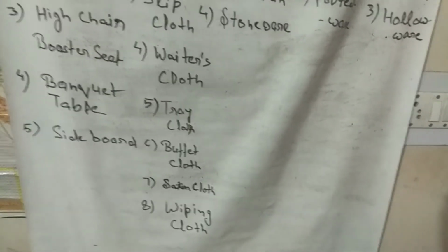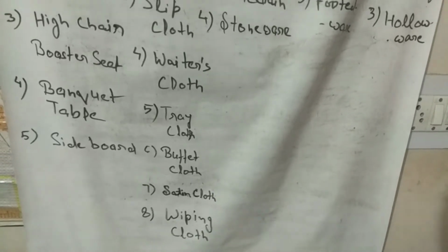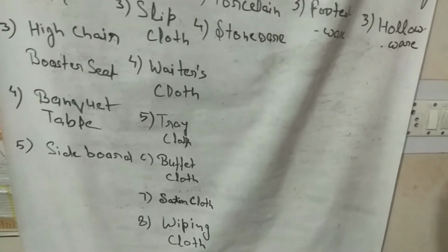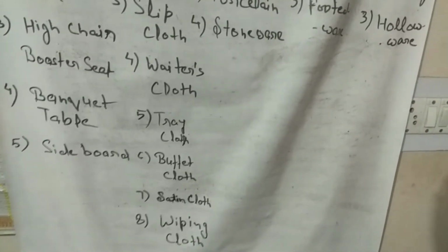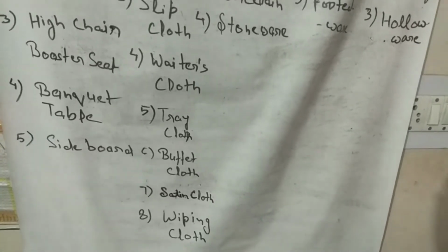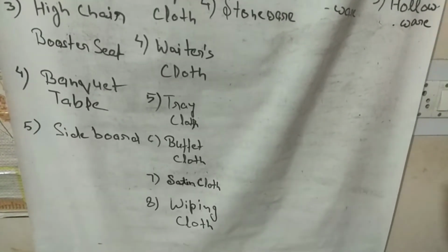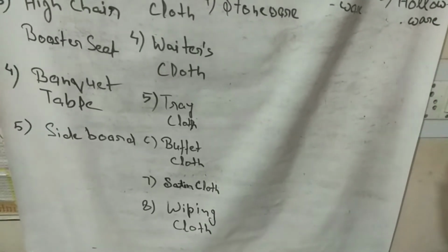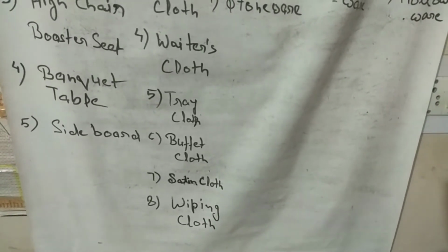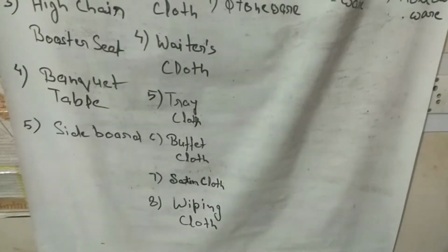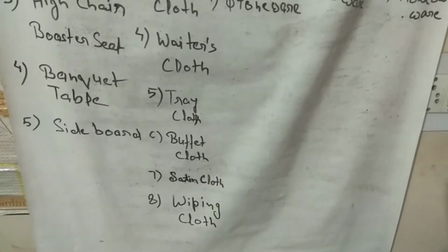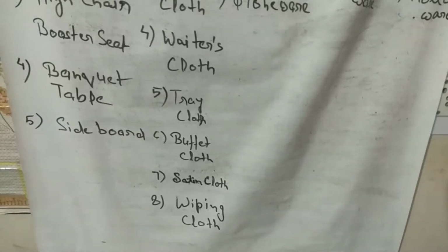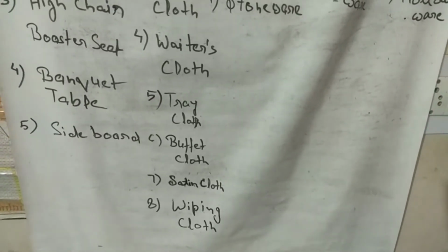Buffet table may be round, maybe square, maybe half moon, or maybe rectangular. Now next one is satin cloth. This cloth is wrapped around the front side of the buffet table, primarily to cover the legs and to make the buffet counter attractive.